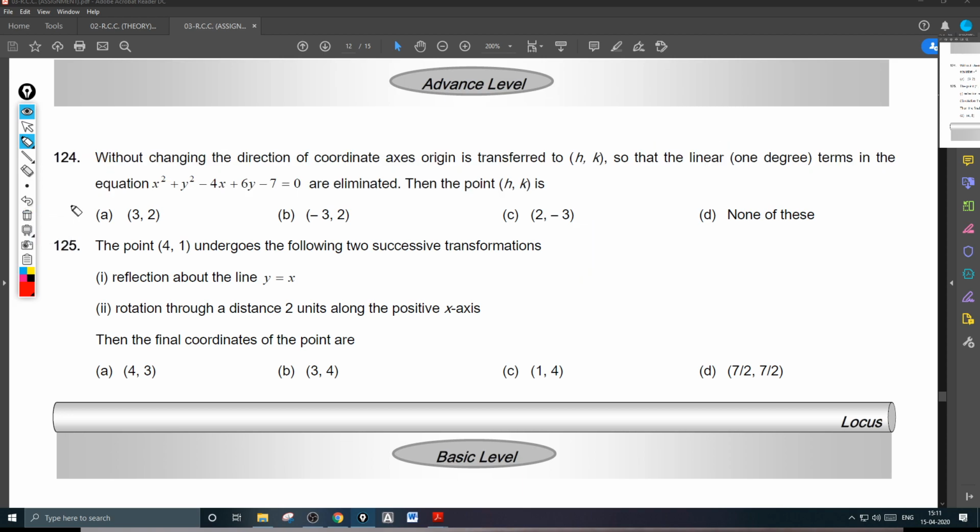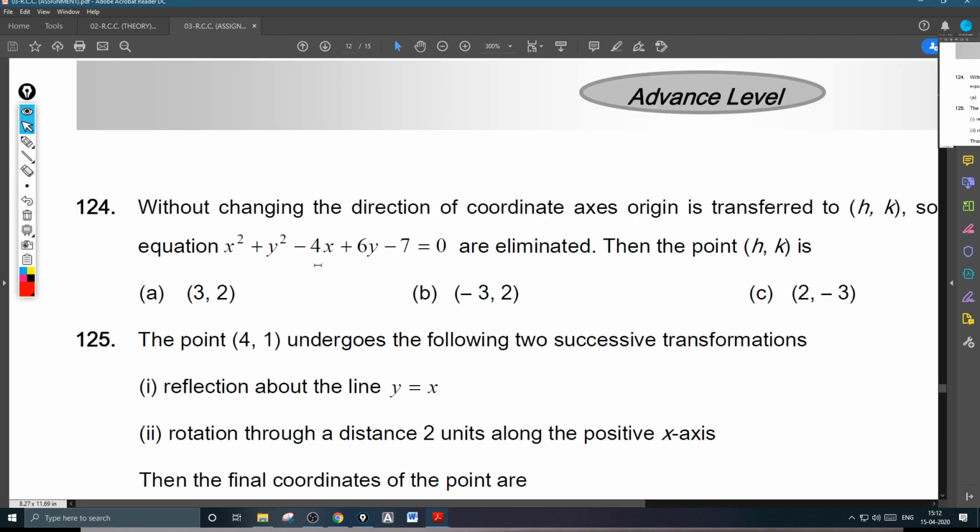Let me apply the short form that we have learned now. This is dou f by dou x equal to 0. You will get the answer within one step for this. See here.